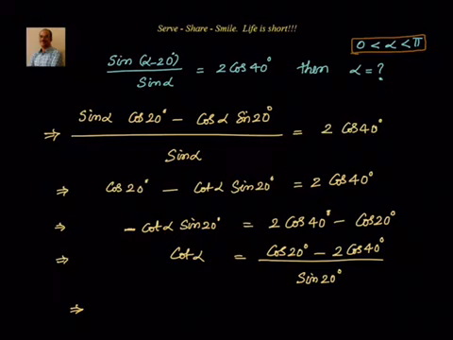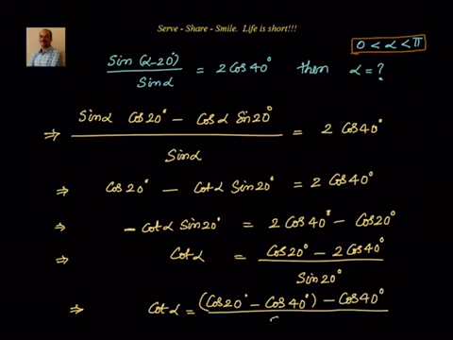So let us look at this now. Next step, cot alpha equal to cos 20 minus 2 cos 40. We will write it as 1 cos 40, so that we can apply transformation on that. Then another minus cos 40 divided by sine 20 degrees.